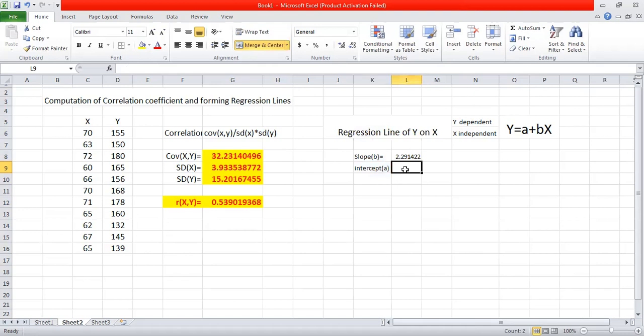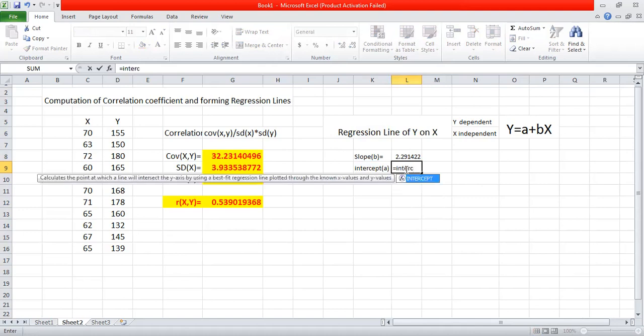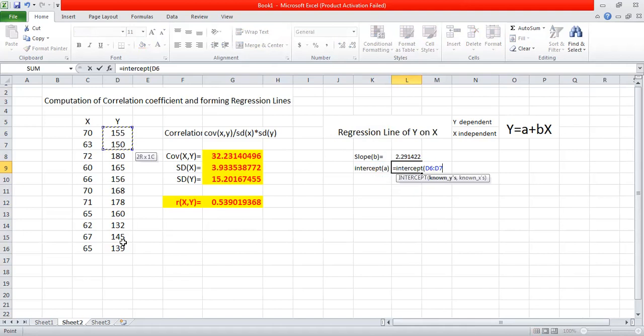In the next cell, I find the value. Here, to find the intercept, I use the function called intercept. Intercept of, open the brackets. First the dependent variable values, that is y values, comma, independent variable values, that is x values, close the bracket, we get the intercept.